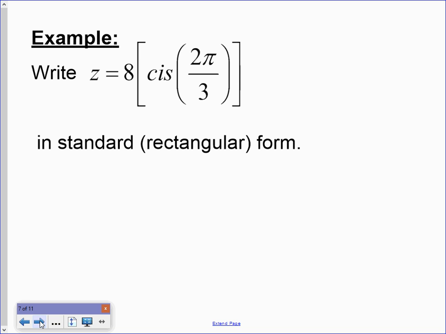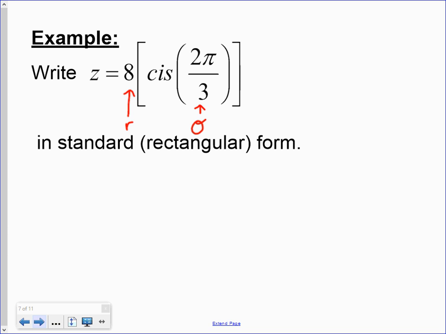And we want to write it in standard form or rectangular form. Right now, it's in trig form. So I know that 8 is my modulus and 2 pi over 3 is my argument.